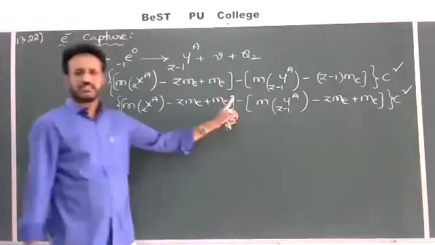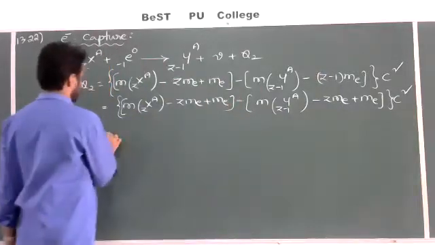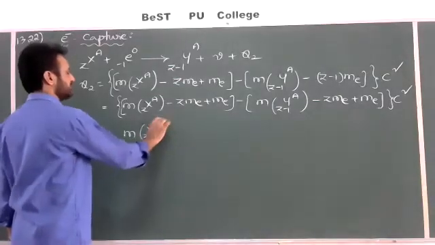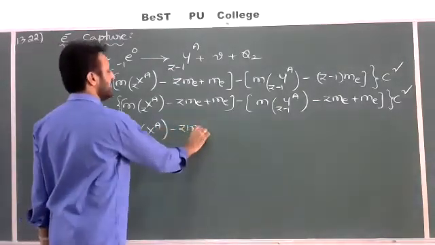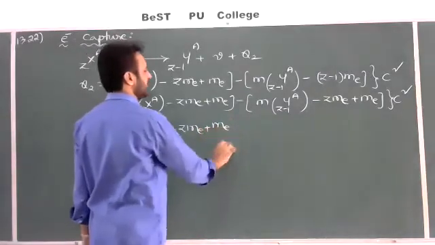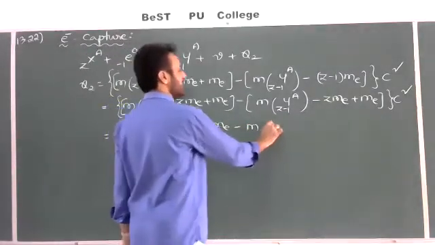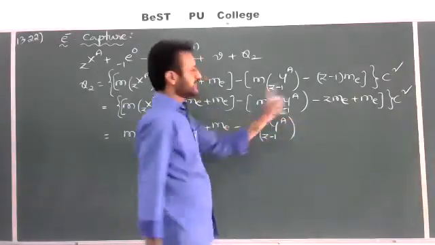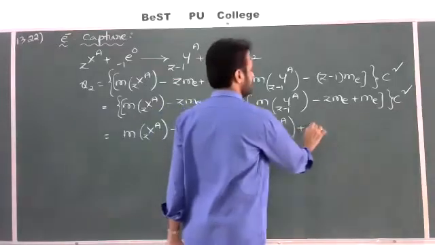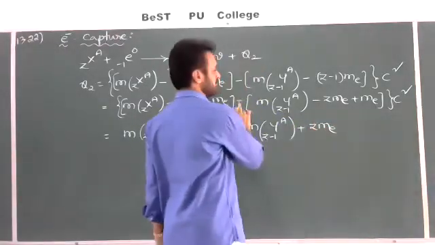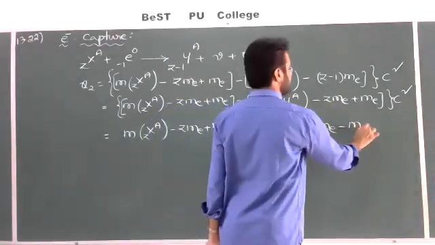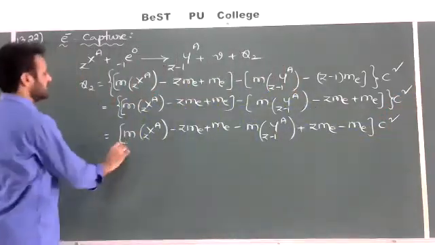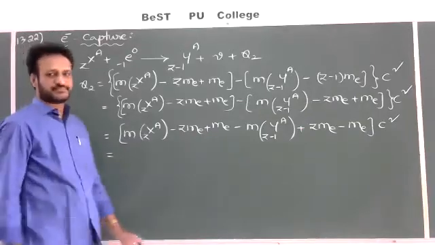Now you may open this bracket. The symbols will be changed. Therefore, Q2 is equal to M of XZA minus ZMe plus Me minus M of Y Z minus 1 A, minus into minus plus ZMe. Here also minus into plus minus Me into c square. If any cancellation is there, try to cancel the terms.